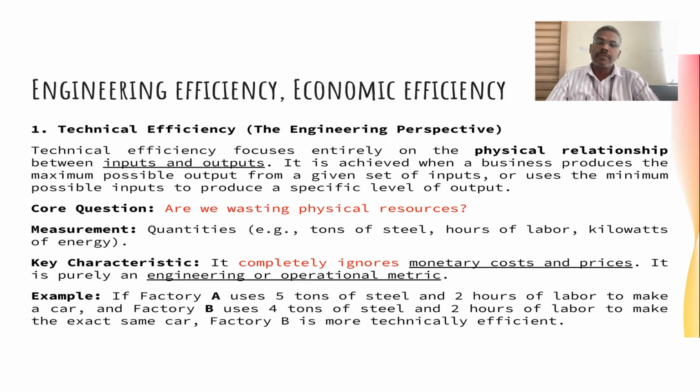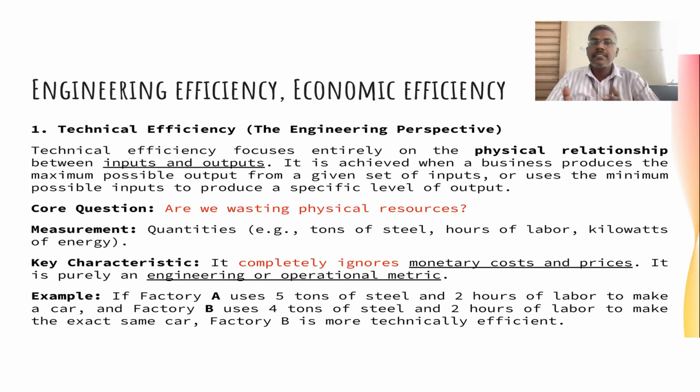This is the engineer's perspective, in terms of tons of steel, hours of labor, kilometers, and so on. So here we completely ignore the cost, right? For example, factory A uses 5 tons of steel and 2 hours of labor to produce a car, while in the same scenario factory B uses only 4 tons of steel and 2 hours of labor to produce the same car.